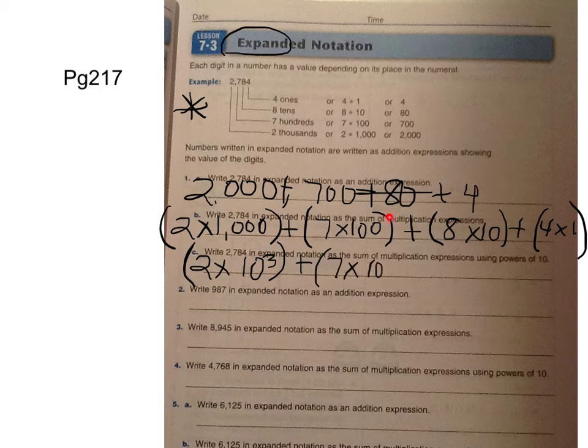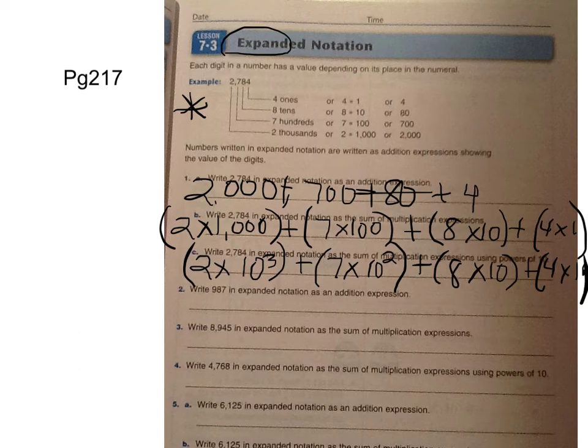Well, how do we get to the hundreds with powers? Well, it's the second power. We're going to add that to 8 times 10 to what power? Well, it is going to be to the first power, or we can just leave it as nothing. And then the same thing with 4.